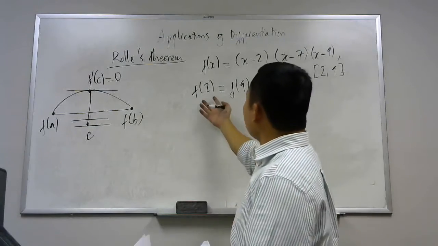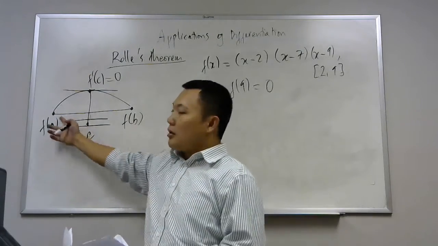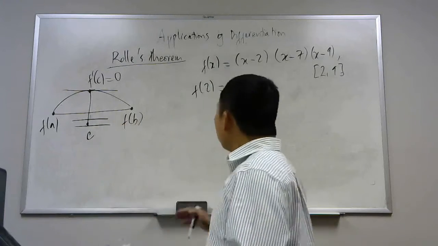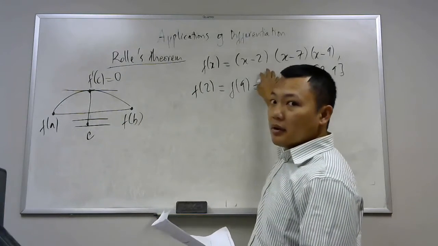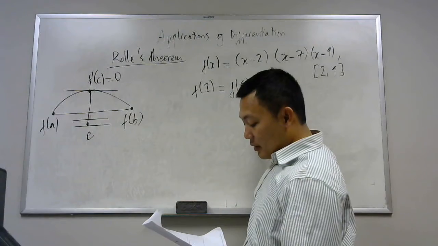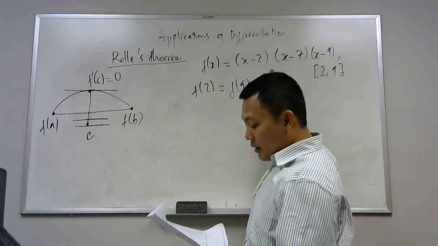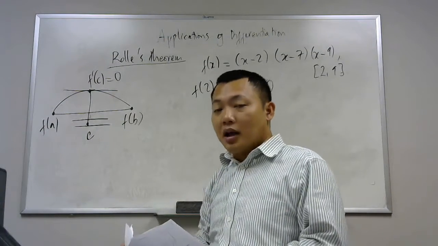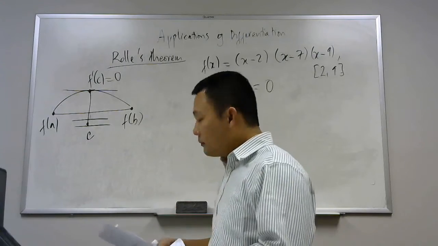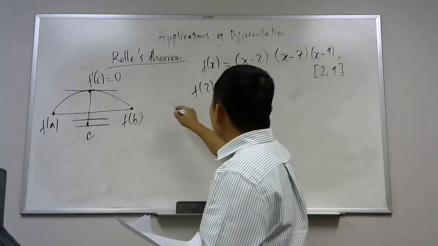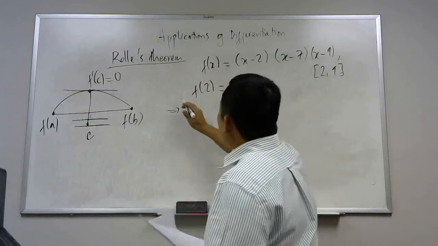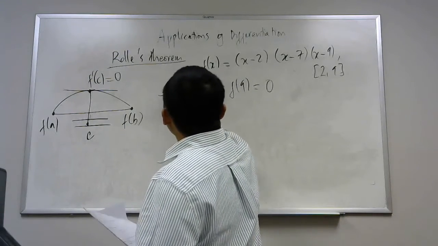So basically, the function values at 2 and 9 are equal, right? And of course, your function is a polynomial, so it should be differentiable everywhere. So Rolle's theorem can be applied to this function. So the answer is yes. This is the first condition.